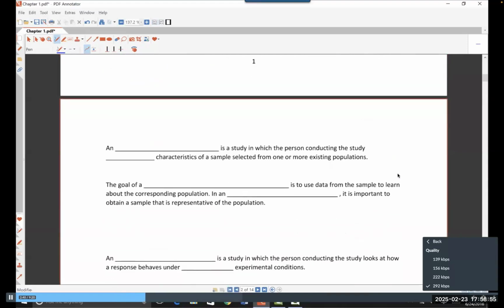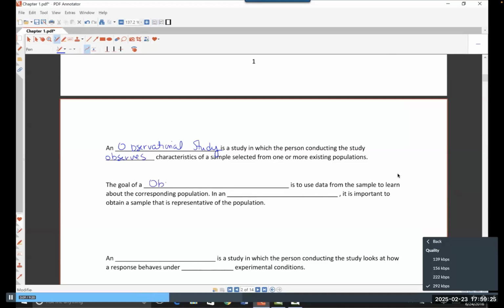If we have an observational study, we have to realize that it is a study in which the person conducting the study observes characteristics of a sample selected from one or more of an existing population.